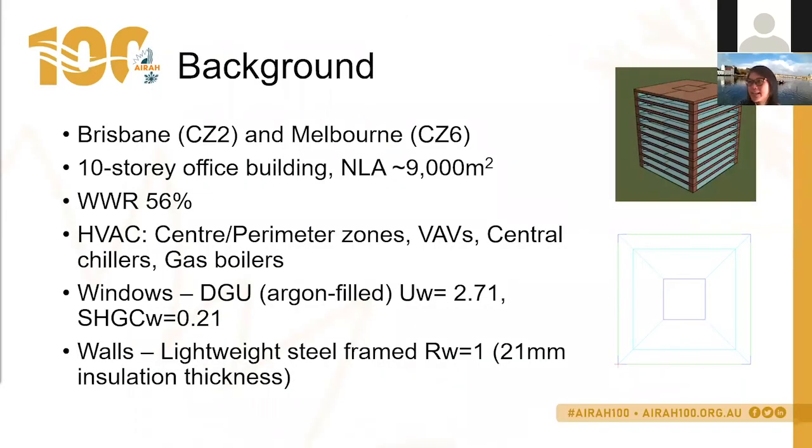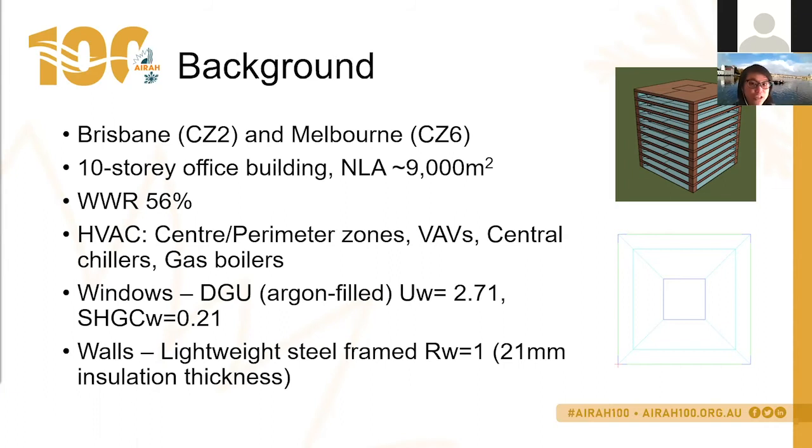So looking at this here, the model that we've used assumes basically large glazing that stretches all across the building, but we've basically just replicated a similar model that was used for the Section J revision works. So this is a 10-story office building, about 9,000 square meters in Brisbane and Melbourne.